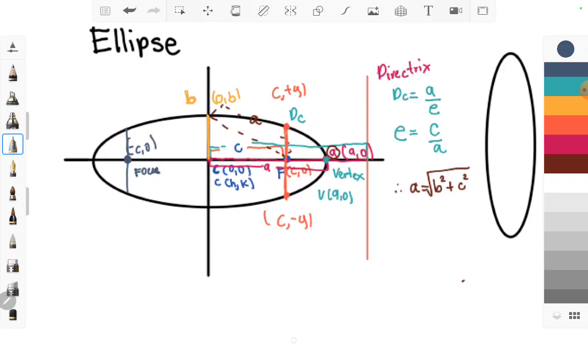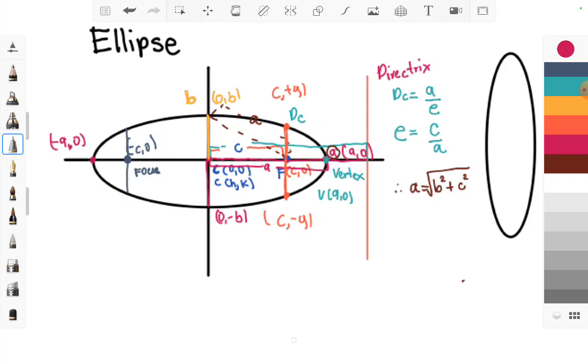So (negative c, 0) is our focus, and of course it also has its latus rectum and its vertex, which will be (negative a, 0), and also our minor axis endpoint, (0, negative b).